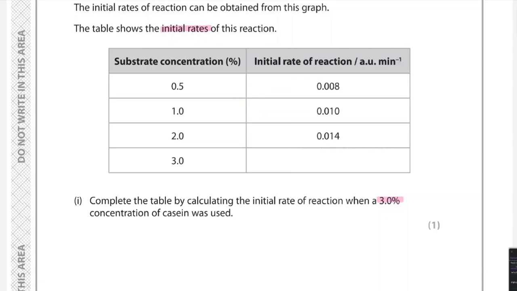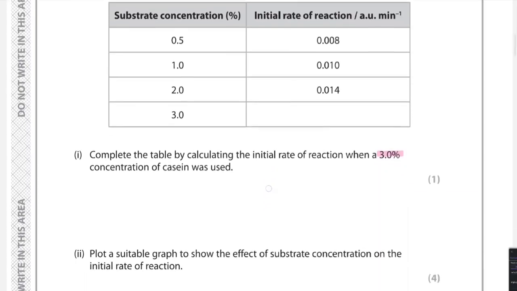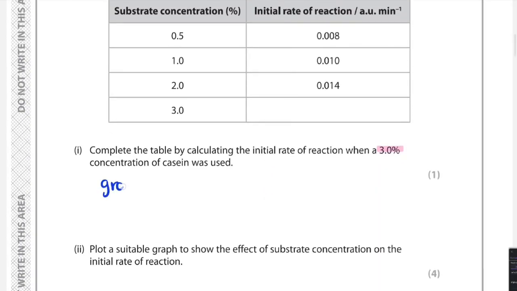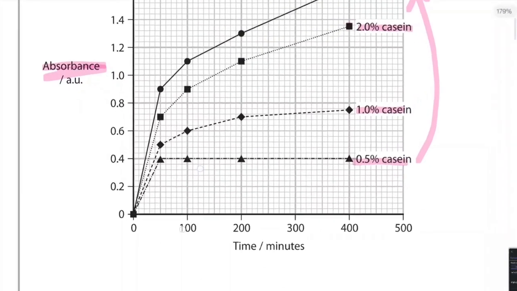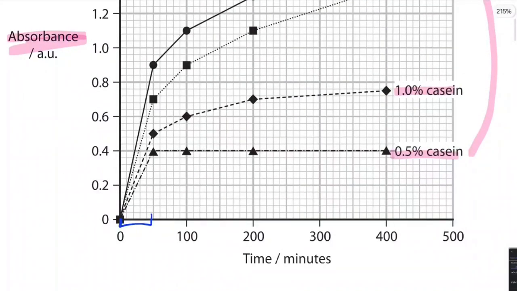So how do we actually get the initial rate of reaction? This is going to be through the gradient of the line, but not just the gradient of the line at any point. It's specifically at the initial part of this graph. So the initial part of this line would be in this area between 0 and 50. It's this straight line right here.